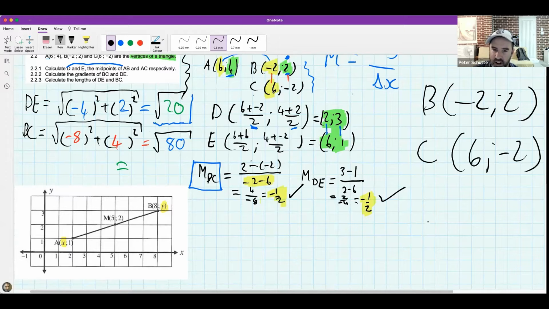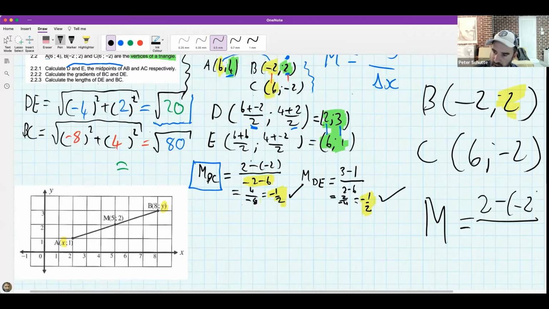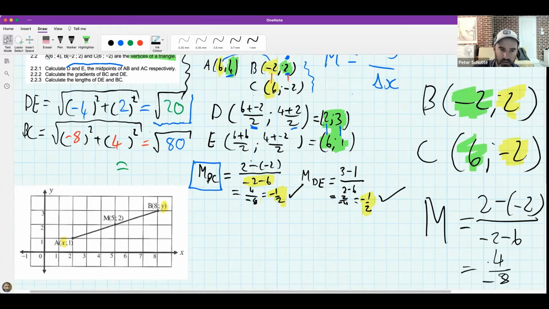Now, in order to find the gradient, I always start with the Y's. So I'm going to start over here, and I'm going to go 2 minus -2. Then I also have to go -2 minus 6. And from there, -2 is +2. So I get 4 over -8.